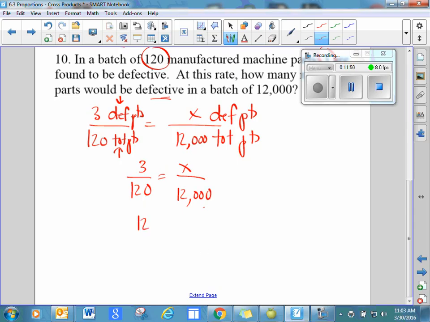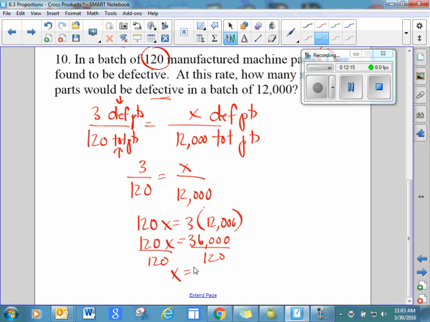Cross multiply. 120X is equal to 3 times 12,000. 120X is equal to 36,000. Divide by 120. And you get X is equal to 36,000 divided by 120 is 300. Now you're going to answer the question. Your answer. So this is your work.